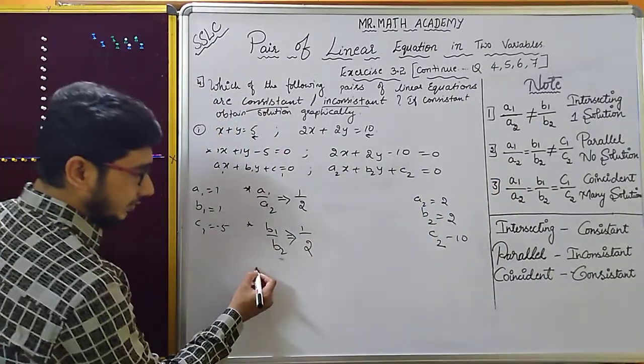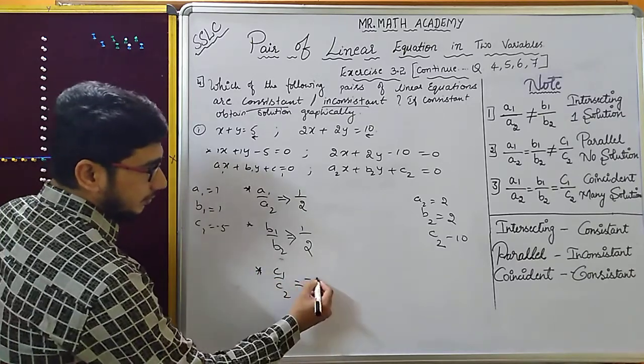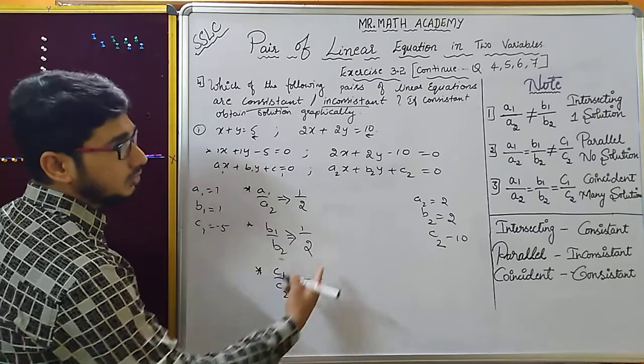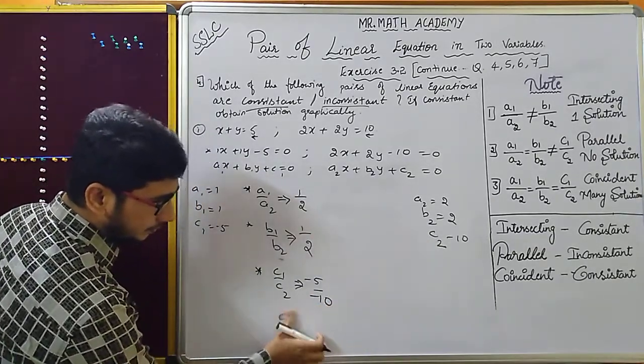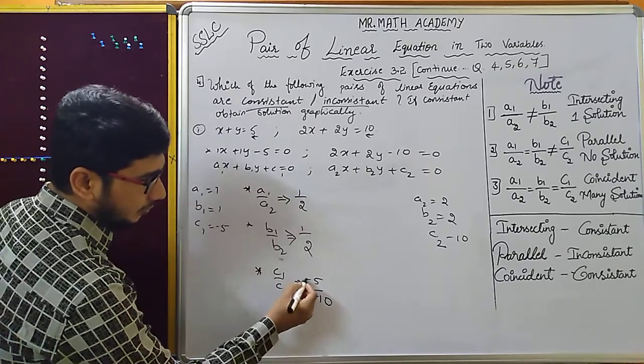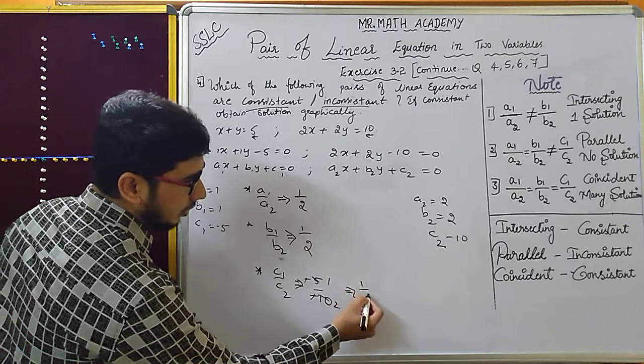Let us go for c. c1 by c2: c1 is minus 5, c2 is minus 10. The minus signs cancel. 5 ones are 5, 5 twos are 10, which implies this is also half.